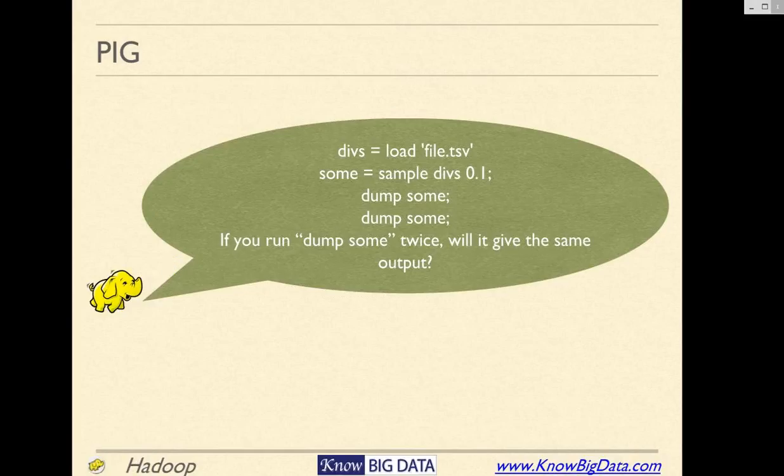Okay, so to answer this question, if we load the file and then we say sum is equal to sample divs, and then we dump sum twice, will it give the same output or will it give different outputs?